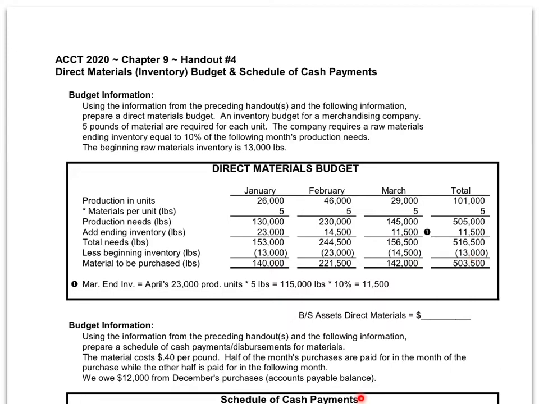Your ending inventory at the end of March is 11,500, and that's at the end of the quarter. This quarter column has to make sense all by itself if it were just standing alone. That's a common error that students make, is they add everything across, and you can't do that. Some lines you can, but not when it has to do with beginning or ending inventory.